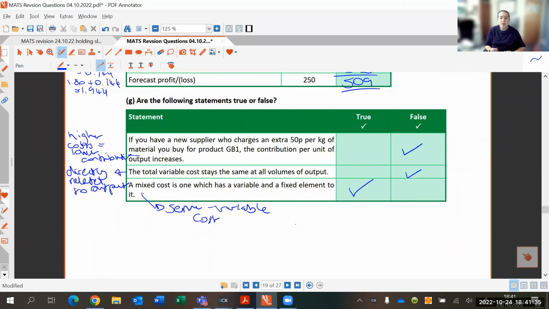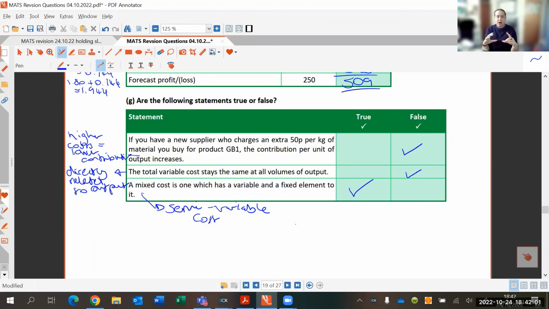Yes, so step cost is also sometimes known as a step fixed cost, because it's usually fixed. A really good example, which I'm sure you would have seen in your notes, is where you've got maybe a supervisor's role. So for every, I don't know, 100,000 units that the production line will produce, you need a supervisor. And then if you go to 100,001, you need a second supervisor.